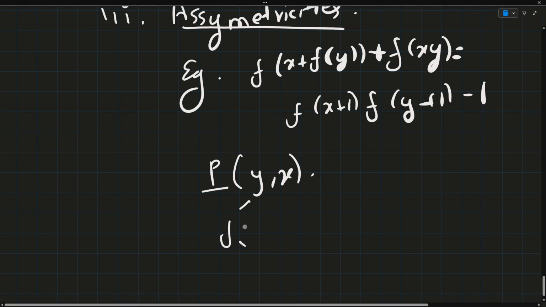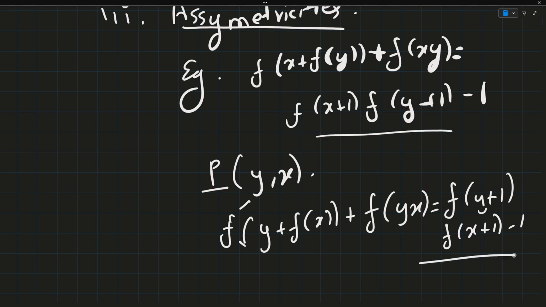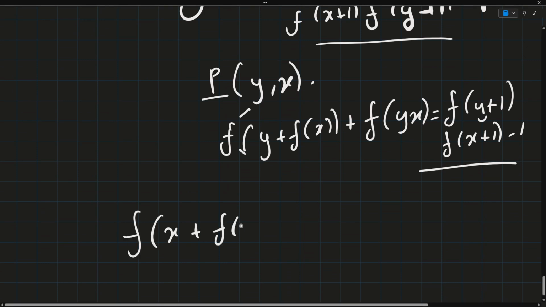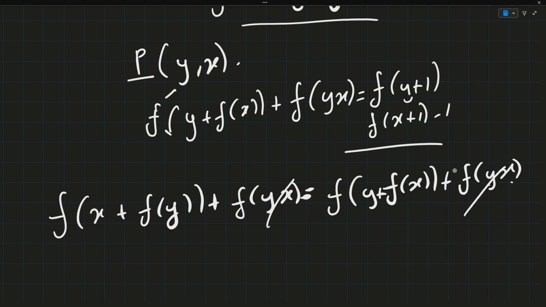f(y) + f(x) + f(yx) = (f(y) + 1)(f(x) + 1) - 1. And you can see that RHS and LHS are equal in both, so we can just write f(x) + f(y) + f(yx) = f(y) + f(x) + f(yx), and this is basically the same, so we can cancel this out.